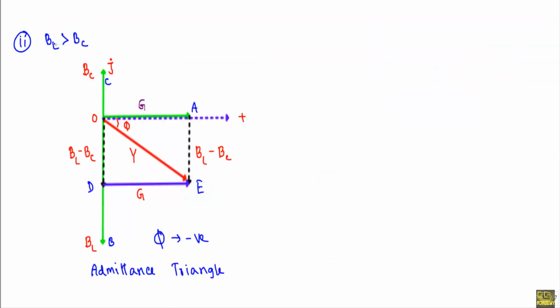Now look at the second case, when BL is greater than BC. That means Y is equal to G plus J BC minus BL. As BC is less than BL, or BL is greater than BC, therefore you see this resultant will be negative. Now see, to draw the admittance diagram, at first we will draw the conductance. This is plus X axis.